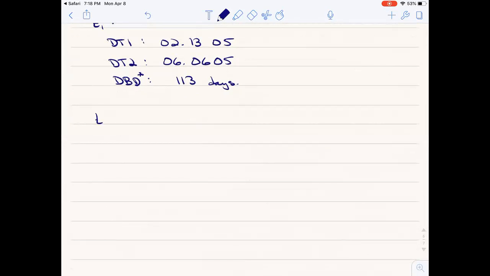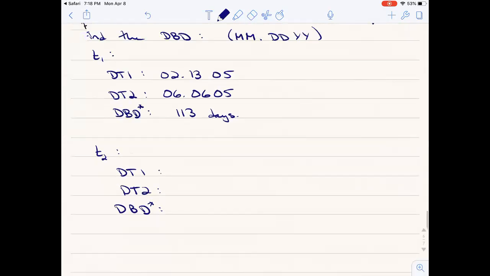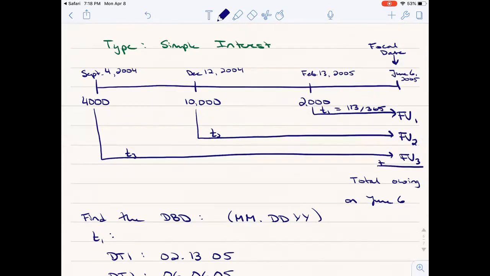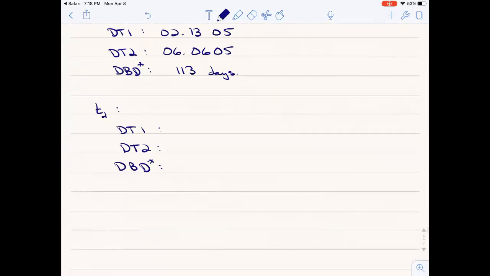So for T2, date 1, date 2, and the days between dates. Date 1 for T2 is December 12th, 2004. So 12/12/04.